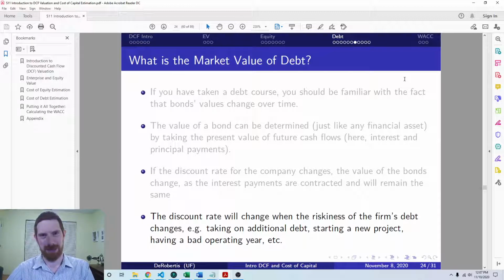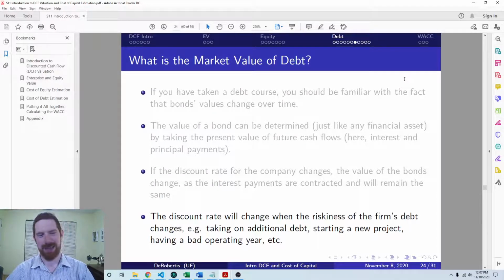So why would the discount rate change for a company? Well, a discount rate for a company is supposed to be reflecting the amount of risk in that company. And specifically, we're looking at the rate on the debt, so specifically the riskiness of the company's debt.